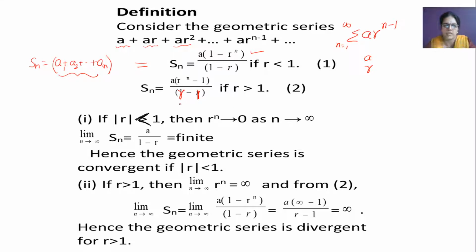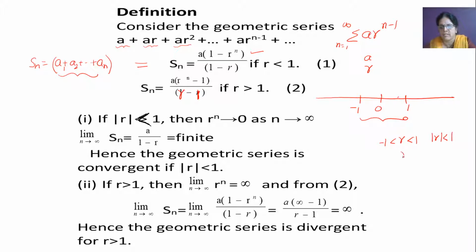So here, if we consider the different cases of r, starting from 0, then 1 here, minus 1 here. So first we discuss the convergence for r in between minus 1 and 1, that is mod r less than 1.